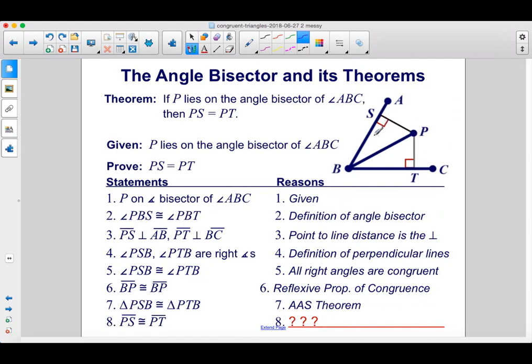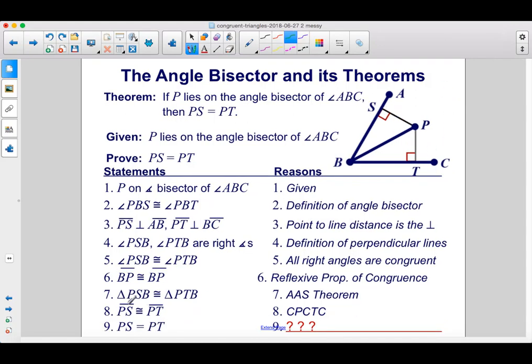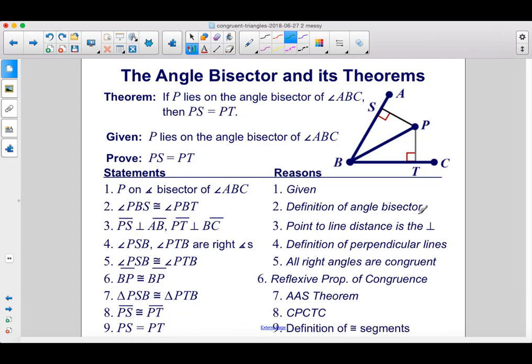Alright, and since we know now that these two triangles are congruent, we know that PS is congruent to PT because corresponding parts of congruent triangles are congruent. Alright, and since they are congruent segments, that means they have equal lengths because that's the definition of congruent segments. Here is the full proof.